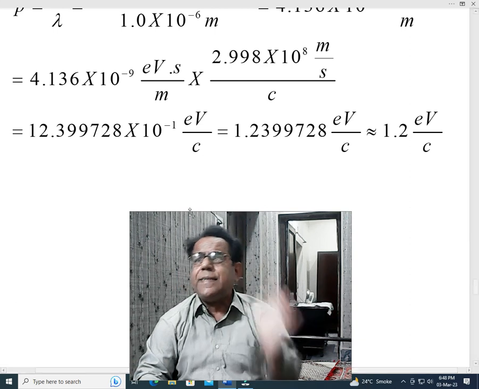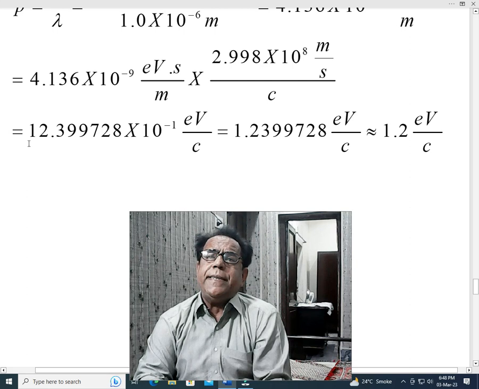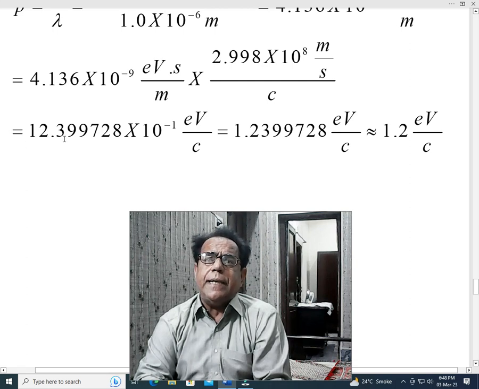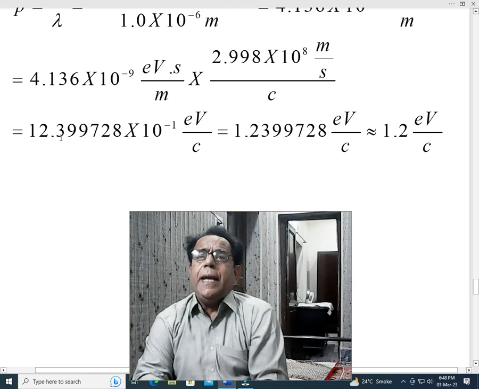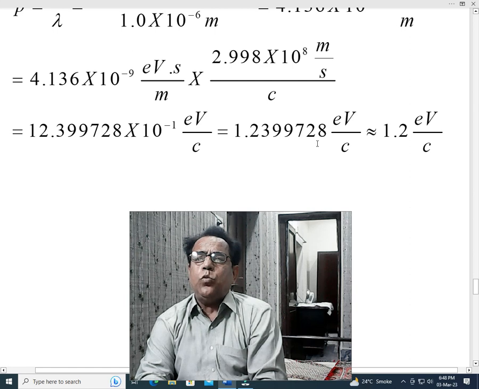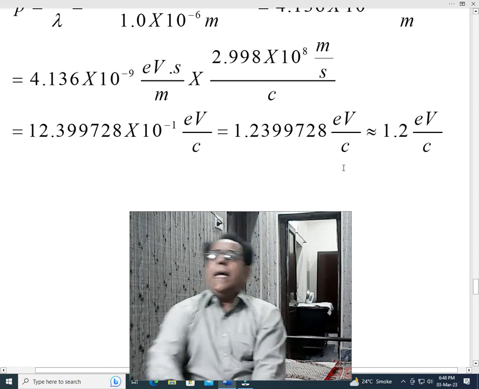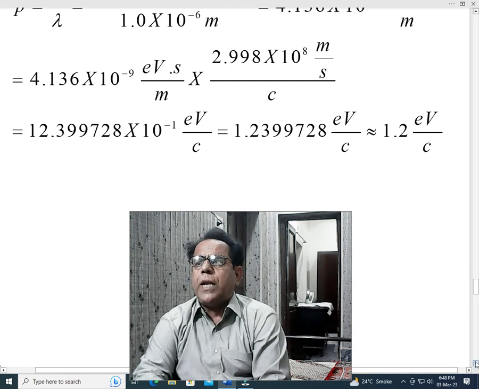So we are just reshaping this result. This has taken the form 12.39972 into 10 raised to the power minus 11 electron volt per C, and it will take the shape 1.2399728 electron volt per C, and this is approximately equal to 1.2 electron volt over C.